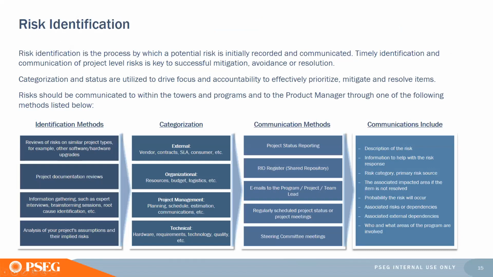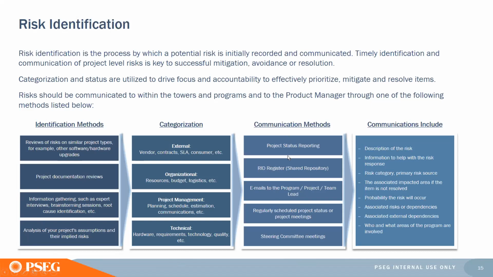Here is risk identification. We'll talk about risk identification here, where we document potential risks. And one note here, timely identification and communication of risk is key for you to be able to mitigate or avoid the risk or resolve it. So we have risk identification methods in this column. We have our categorization column here that tells you which category your risk belongs in.